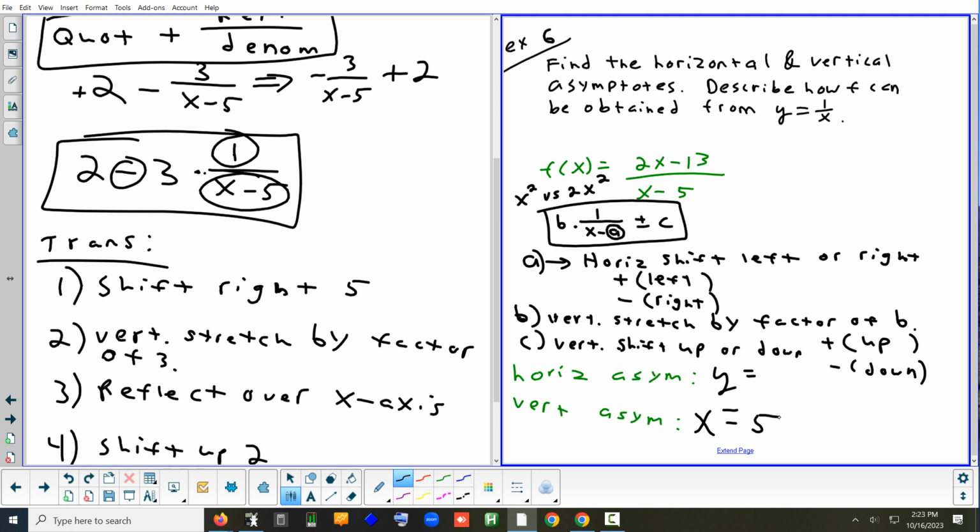That's the one that shifts it up and down. 2. So your horizontal here is y equals 2.